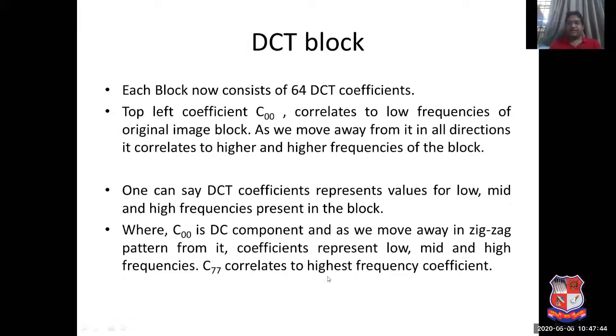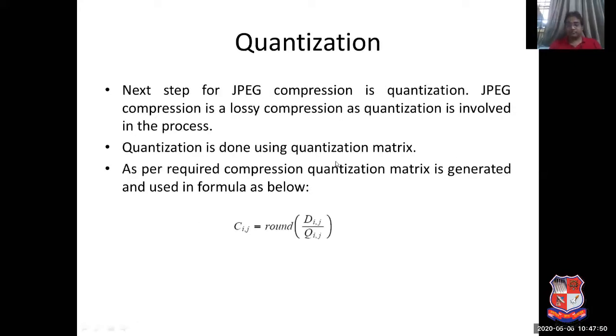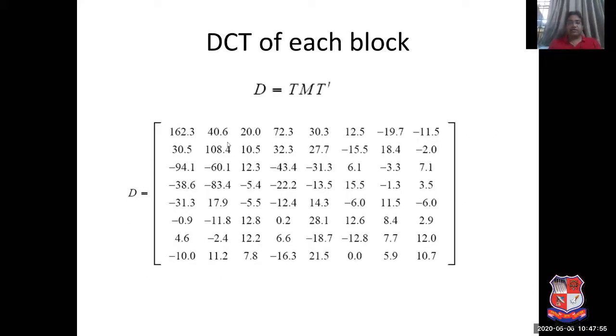Whatever is explained in this slide can be visualized in our result also. This was our data. As you can see in this DCT matrix, this is C00, and its value is 162.3. This is the DC value of this entire block, and most of the energy of the block is stored in this C00.